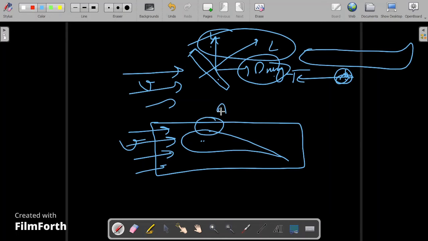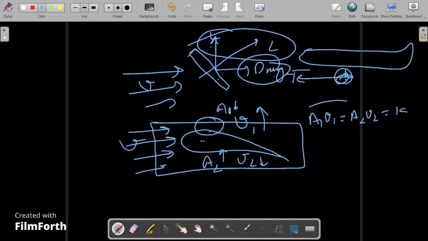Here the area is less, a1, and here the area is more, a2. So velocity 1 will be higher as compared to velocity 2 because of the continuity equation: A1 v1 is equal to A2 v2 is equal to constant. If the area is reduced, the velocity will increase.